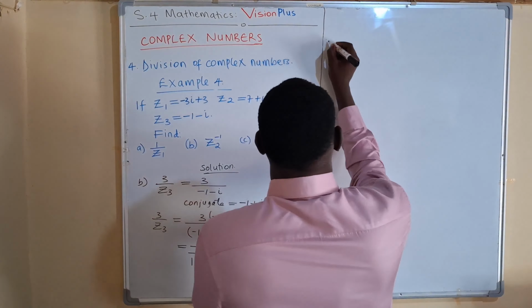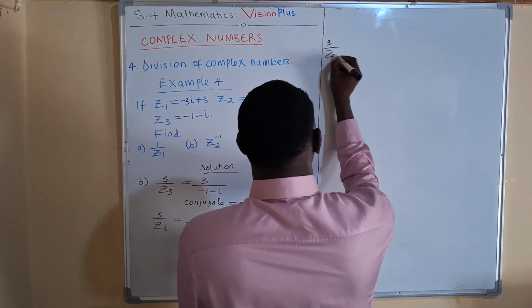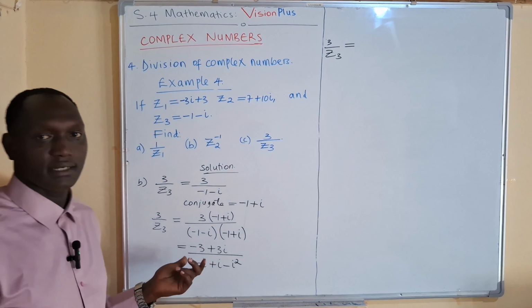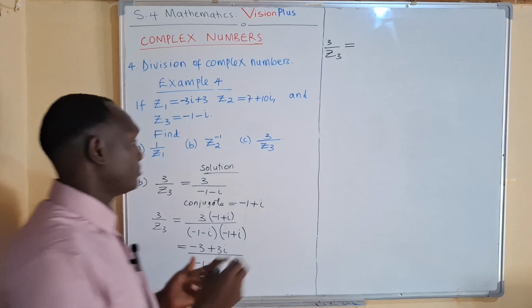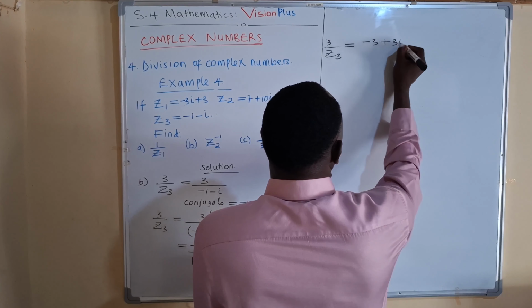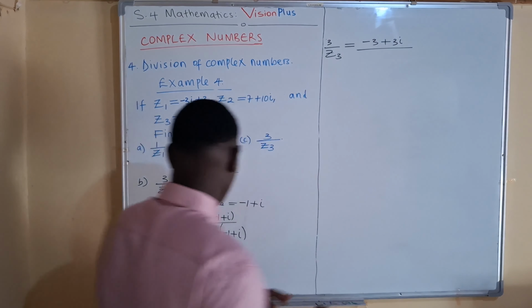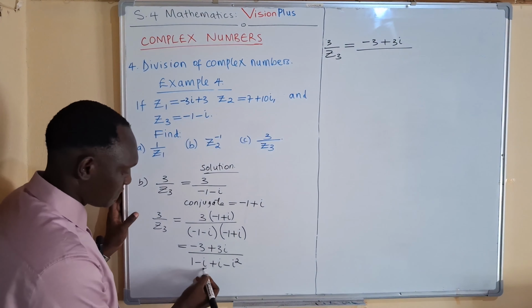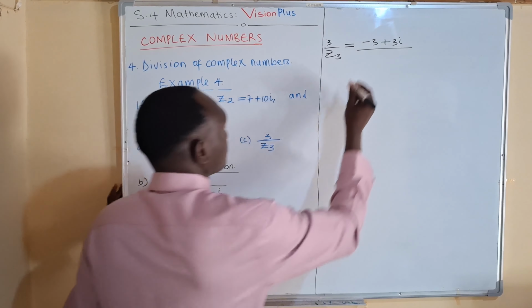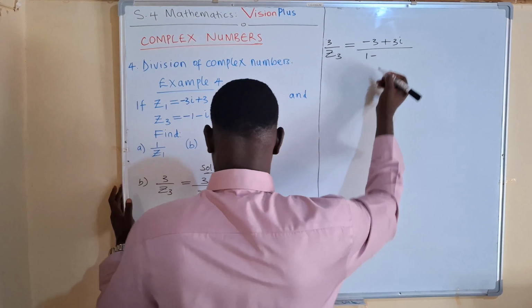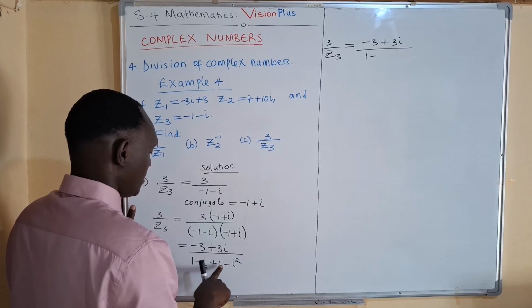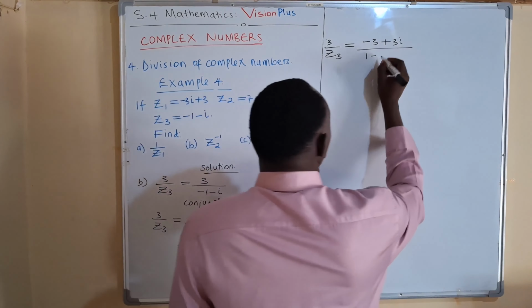Then we go on to simplify. The numerator can no longer be simplified, so it remains as negative 3 plus 3i, but in the denominator negative i and positive i are going to cancel. So here we shall have 1 minus i squared.